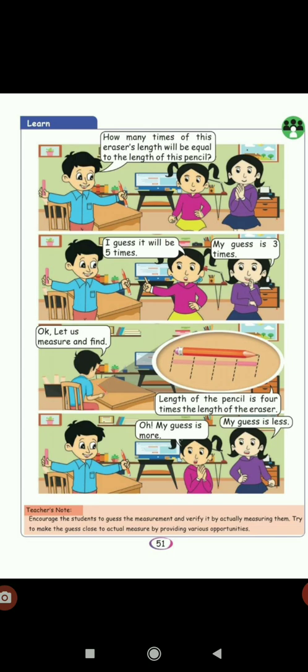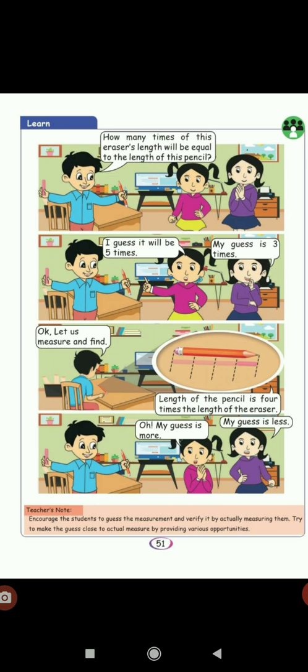Now we want to measure the length of the pencil with the eraser. One girl guessed it will be 5 times. Another girl guessed it will be 3 times. Let's find whose guess is correct.